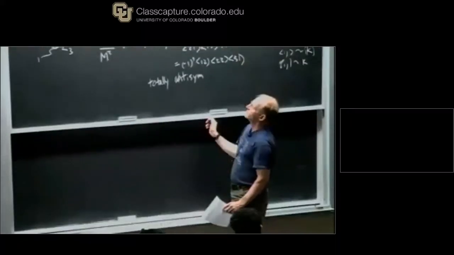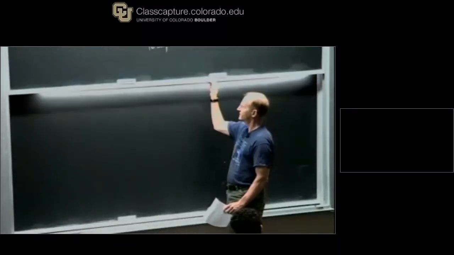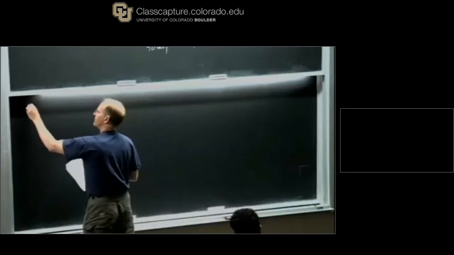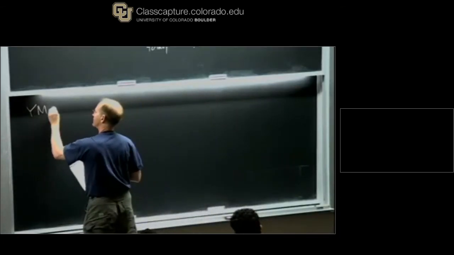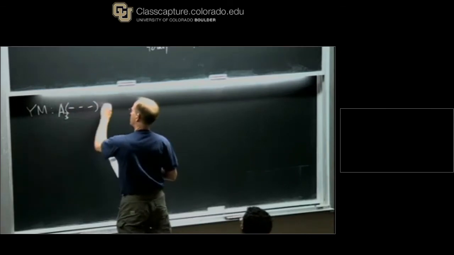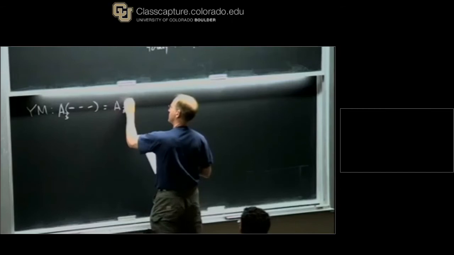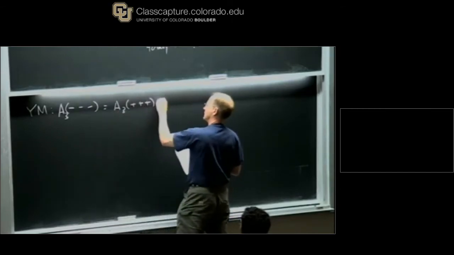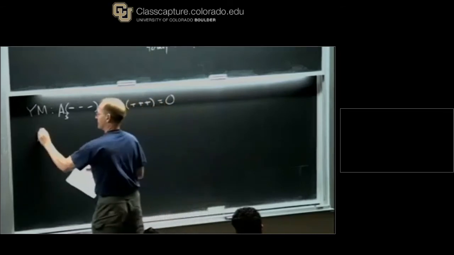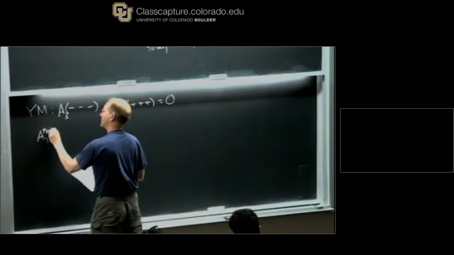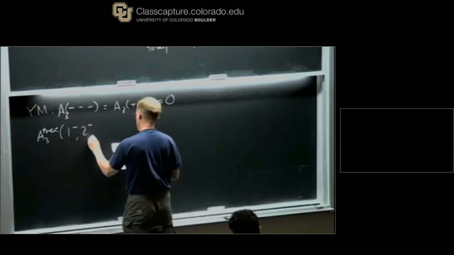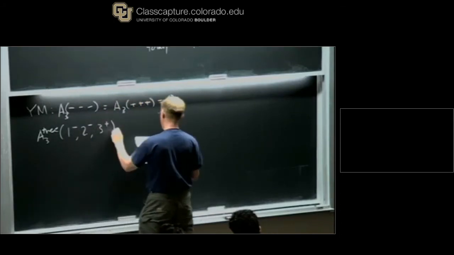Well, that was great. We wrote down the wrong amplitude. So, in fact, we now know that in Yang-Mills, minus minus minus equals 0. So let's try again. We'll switch this guy over to plus.